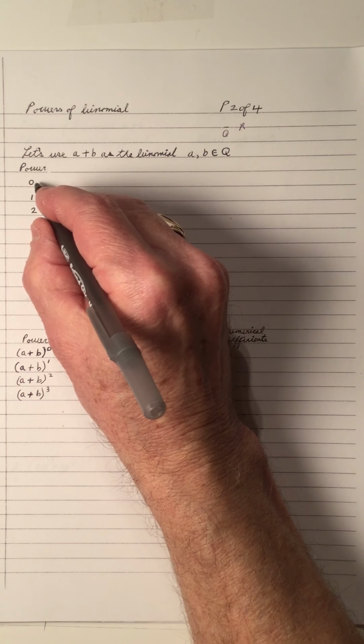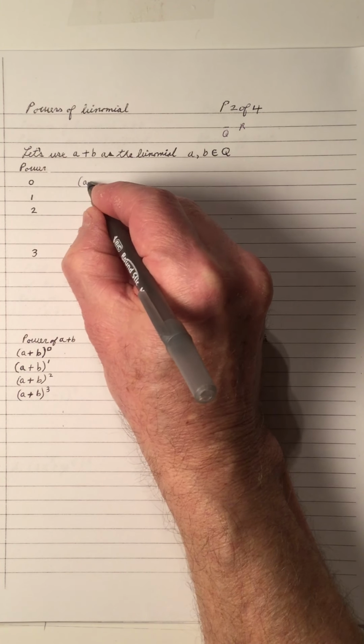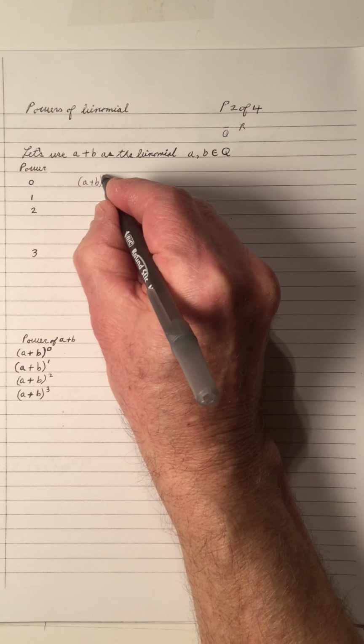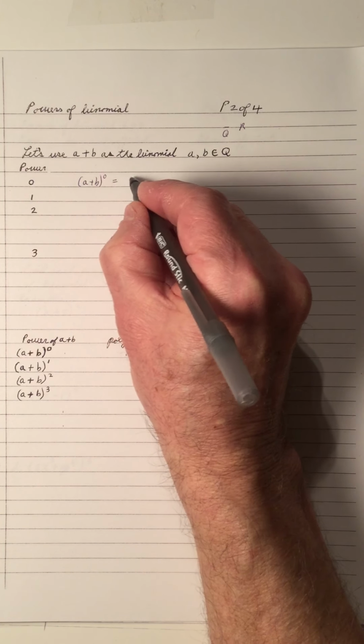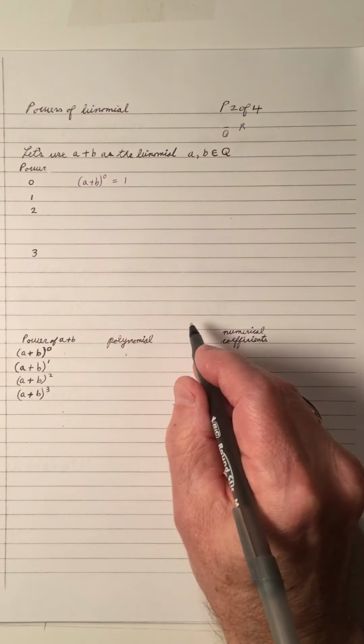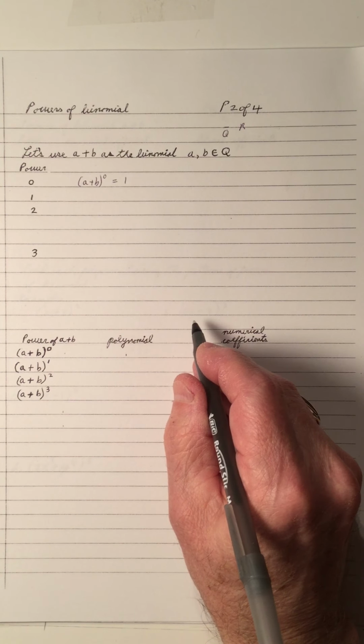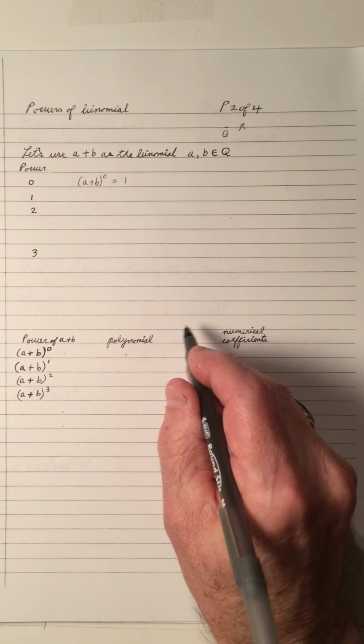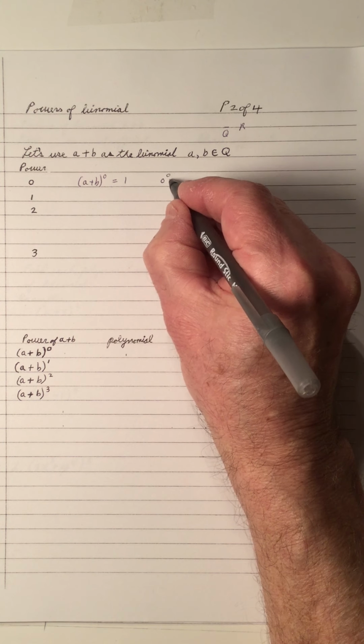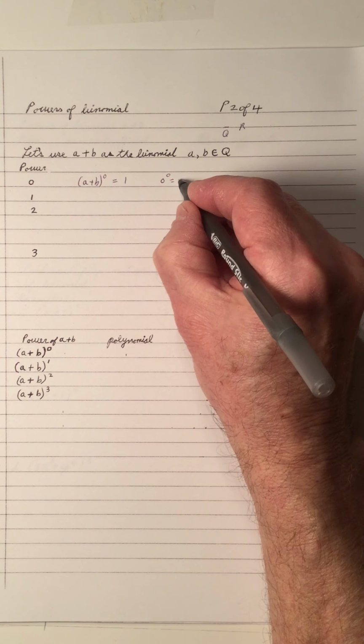So what about if we have a power of 0? So we have a plus b to the 0 power. Well, we know that to be a 1. Any number to the 0 power is 1, except 0. So notice 0 to the 0 is not defined.